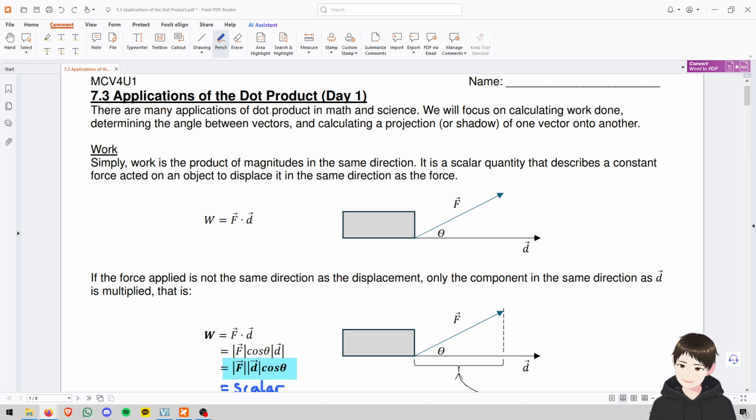Let's pretend that my goal is to move this box from one point to another, and I pull it by a string. When I pull it by a string, which one of the two components helps me accomplish my task, and which one is completely wasted?